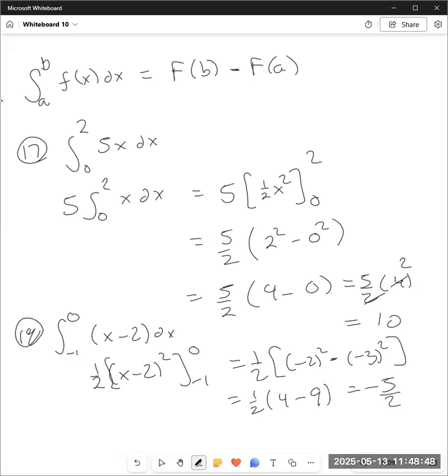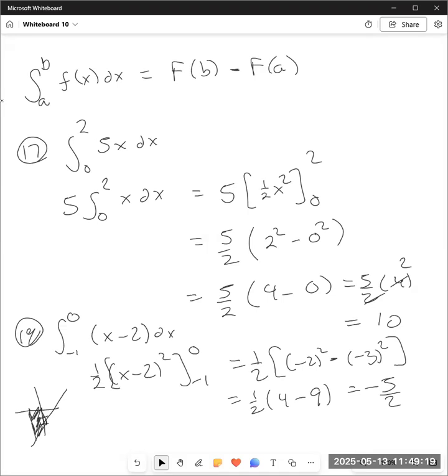And just like I told you before, you can get negative answers here because they're not necessarily representing area. If I look at that, the reason that it's negative is this line is below the x-axis here. So I'm talking about -1 to 0. Here I'm talking about this part of the graph, and it's below the x-axis, and that's why it has a negative value to it.